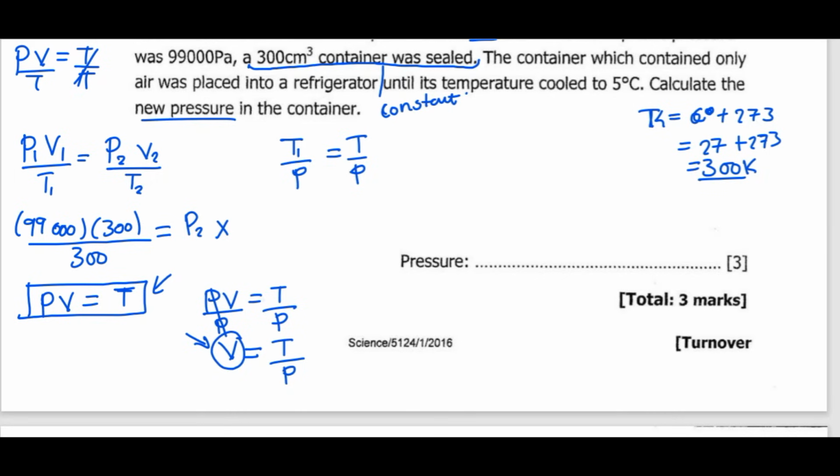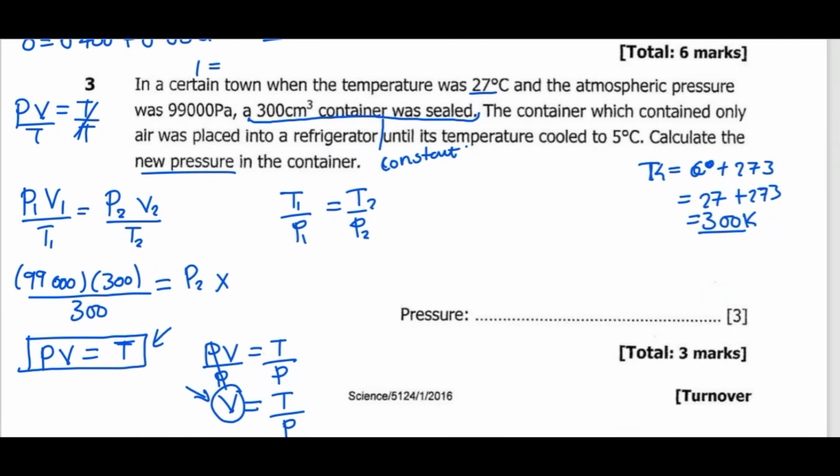So T1, P1, T2, P2 as our formula. This formula is the same as P1 over T1, so you maybe know it in this way, equal to P2 over T2, it's the same. So temperature 1 is 300.